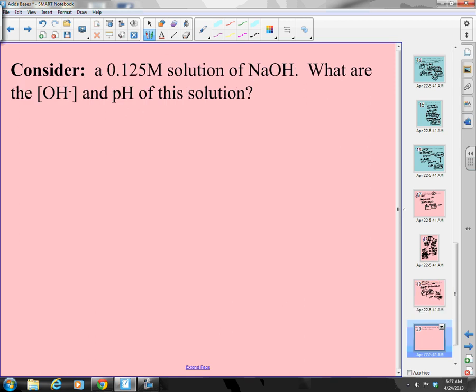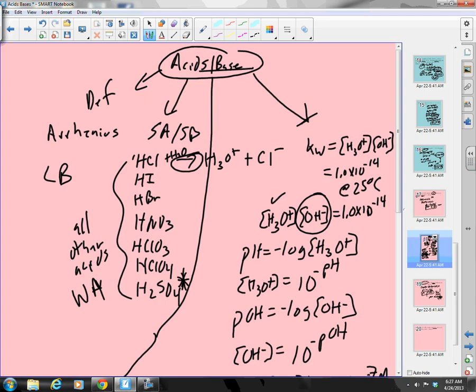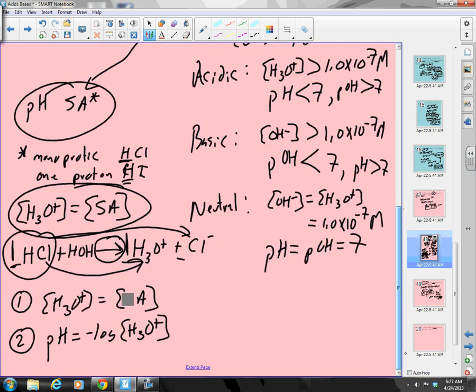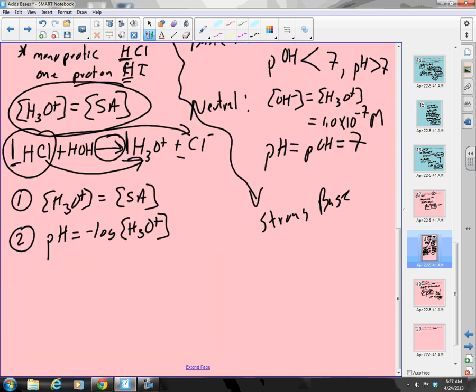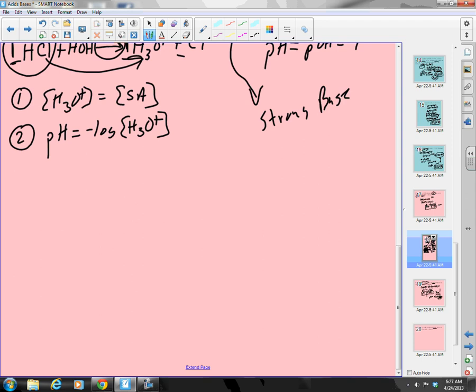Moving on. I have 0.125 molar sodium hydroxide. What is sodium hydroxide? A strong base. We want to talk about the pH of strong bases. Remember, my strong bases are really my metallic hydroxides.